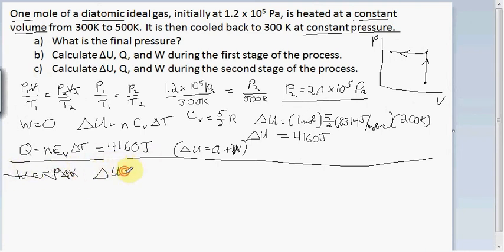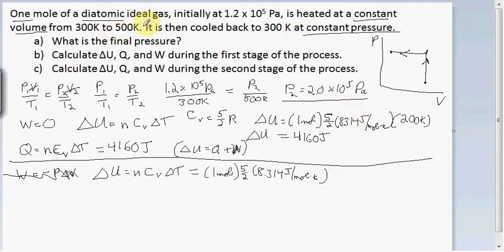Delta U is equal to n C sub V delta T, which is 1 mole times 5 halves times 8.314 joules per mole Kelvin times the change in temperature.